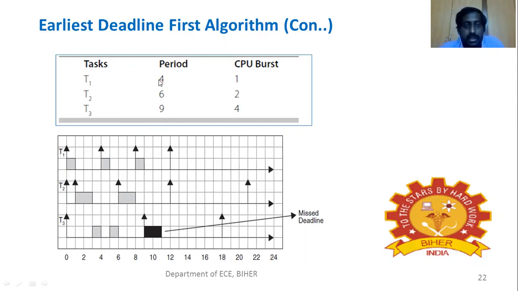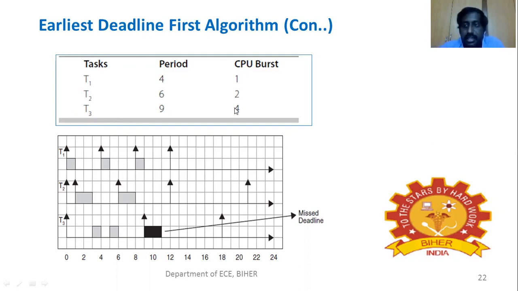Again, I summarize this. T1, T2, T3, three tasks are there. For T1, the time period is 4, CPU burst is 1. For T2, the time period is 6, CPU burst is 2. For T3, time period is 9, CPU burst is 4. A task should be completed within the deadline.